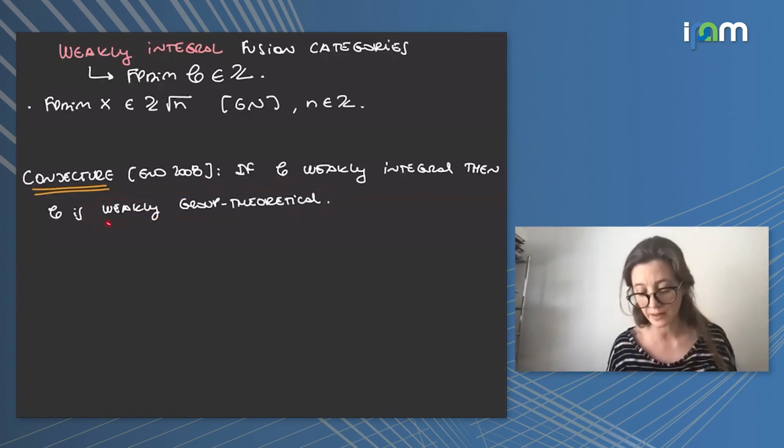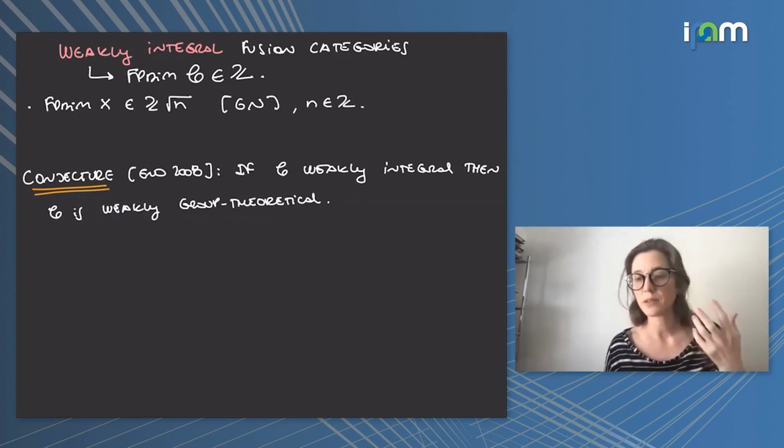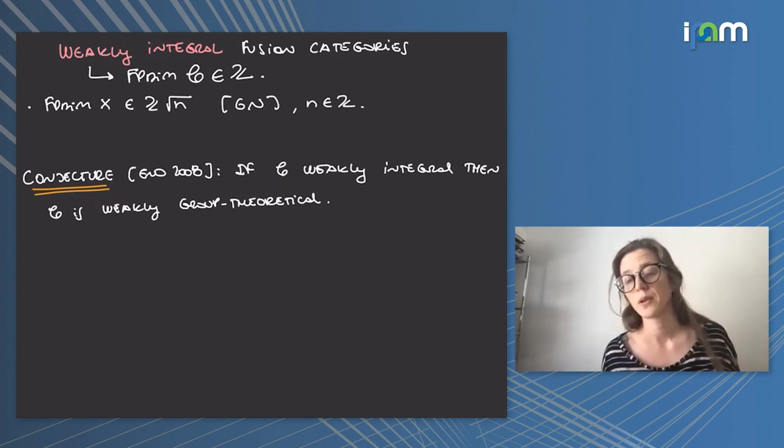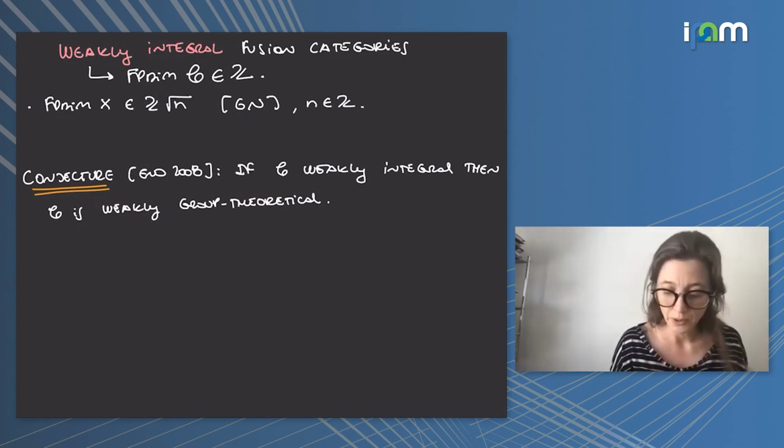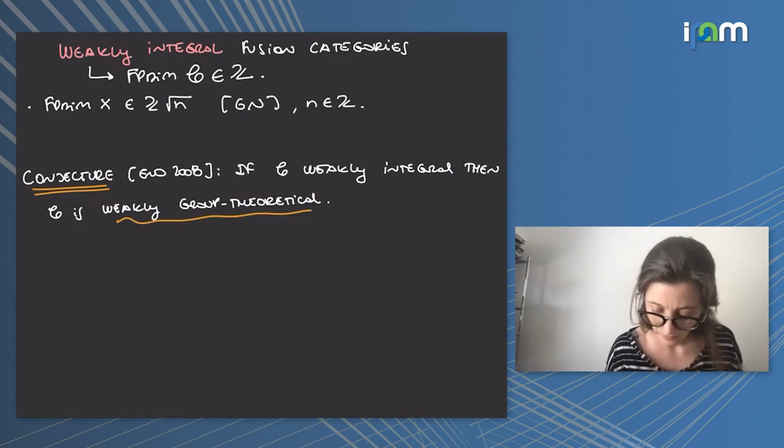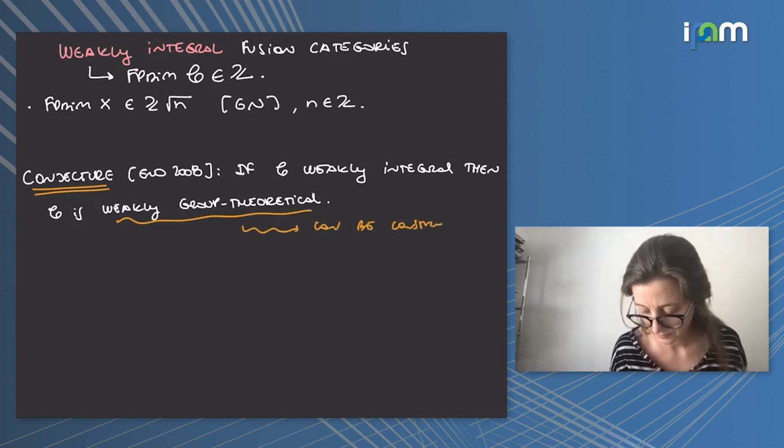What this is saying is that your category is Morita equivalent to a nilpotent category, and a nilpotent category can be described very nicely in terms of groups. So basically, what we are saying here is that it can be constructed using groups.